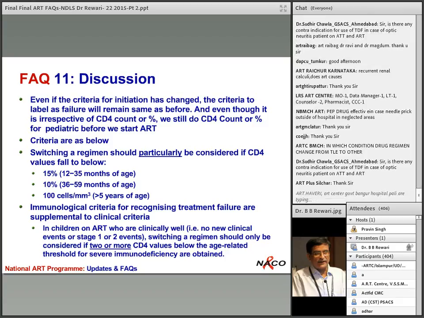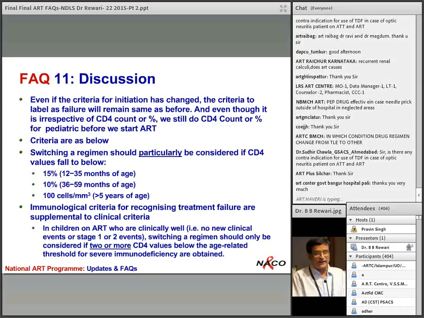In children, if CD4 count is less than 15% in the age group of 12 to 35 months, less than 10% in 36 to 59 months, and less than 100 for more than 5 years, at two different times 6 months apart, they should be considered for switching a regimen.